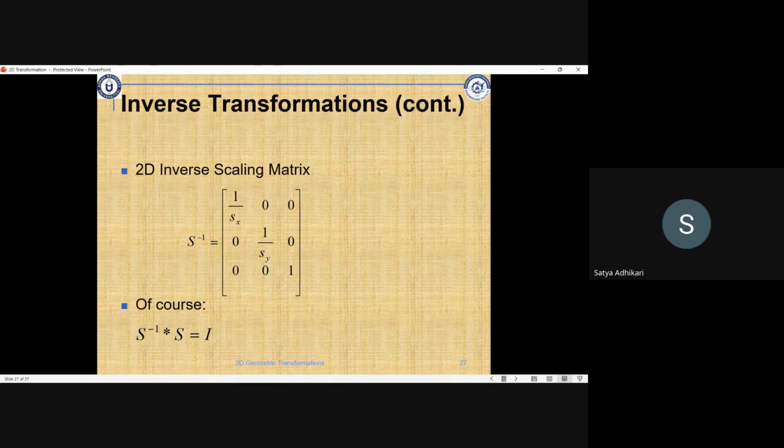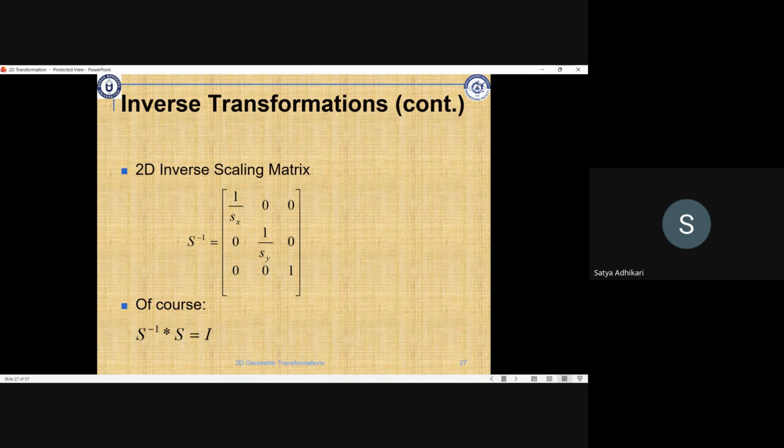2D inverse scaling matrix. The scaling matrix is the same as the inverse scaling matrix. The only difference is that in place of Sx, which is multiplied, here Sx is divided. That is, you multiply by 1 by Sx to get the size of the original object.